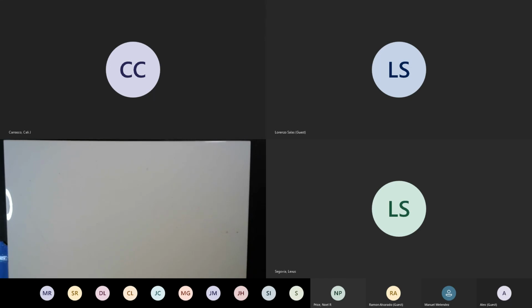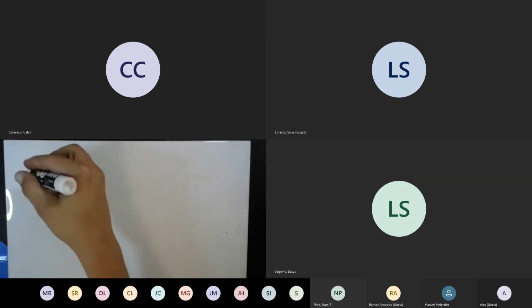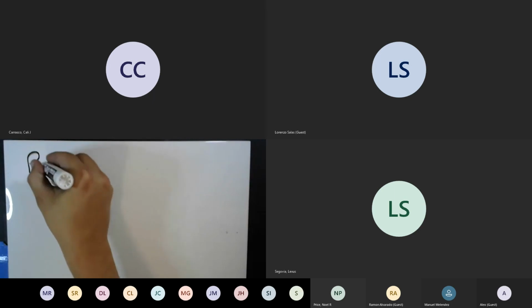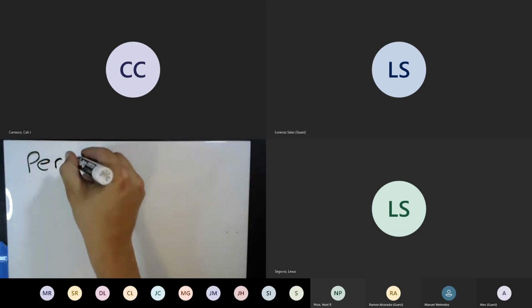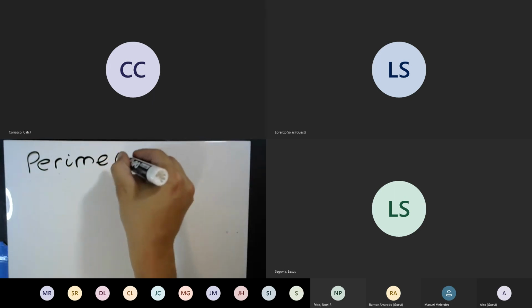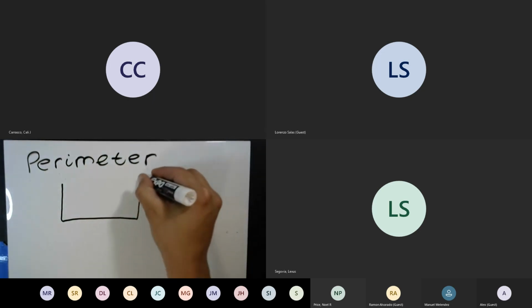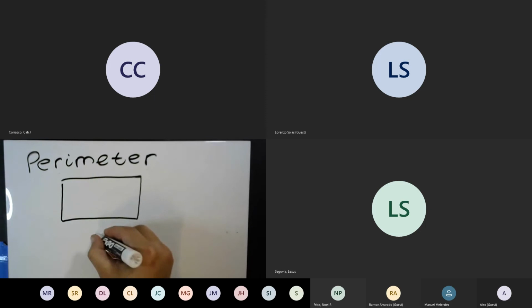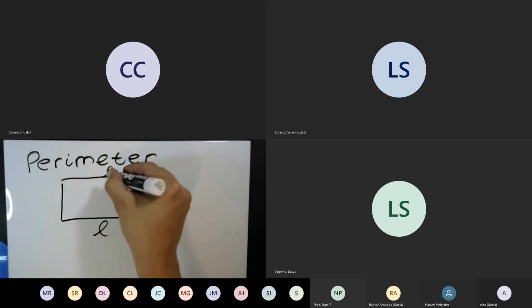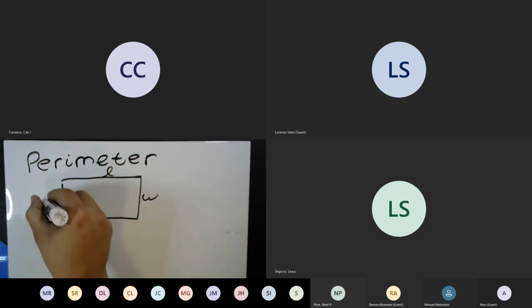This is covered a bit in section 1.1, but we have this idea called perimeter. The idea of perimeter is this. Let's say we have a rectangle. It has a length. It has a width.